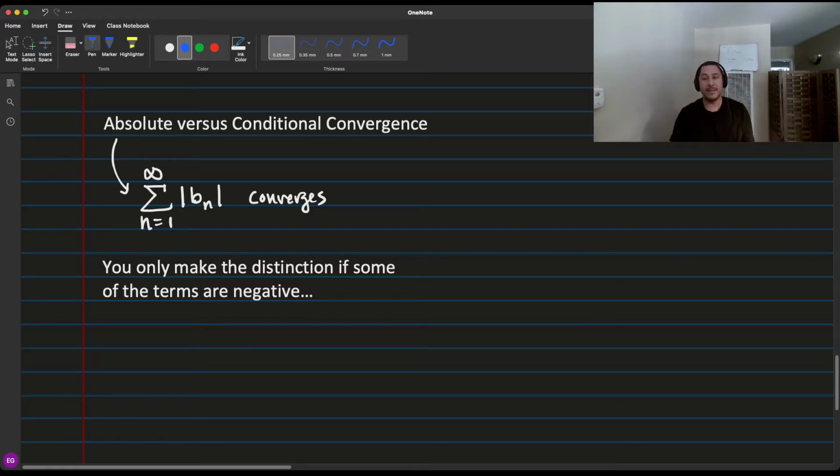So let's say you have something that has negative terms, like an alternating series. If you take their absolute value and they still converge, that's called absolute convergence. Let me come up with an example.